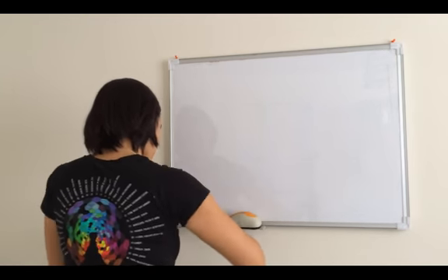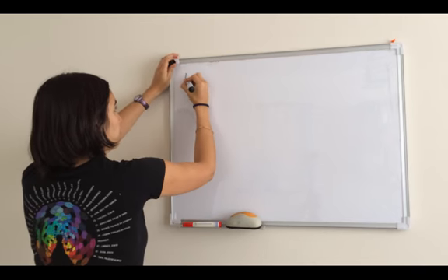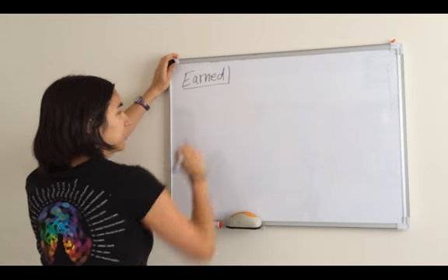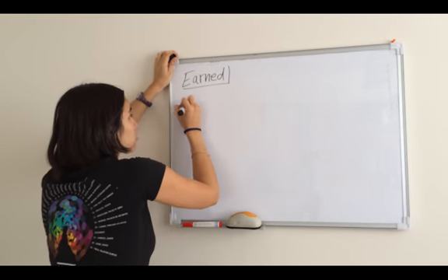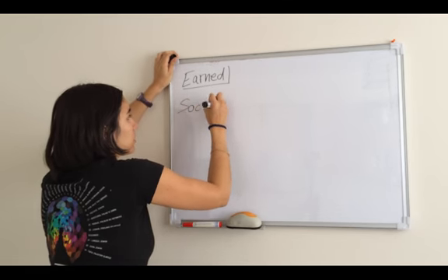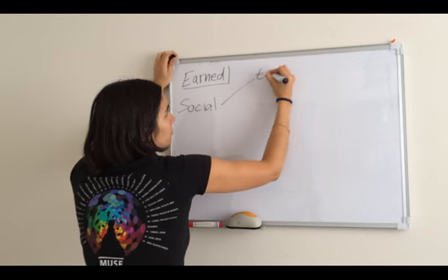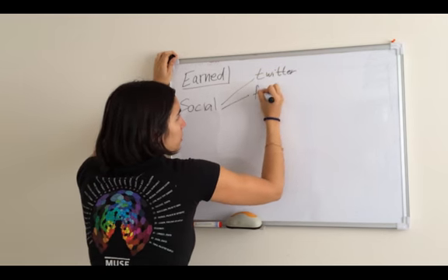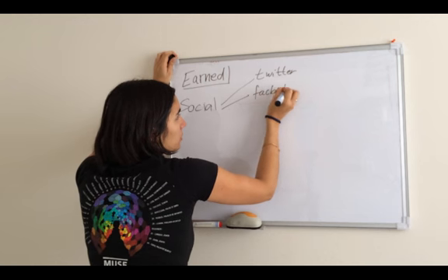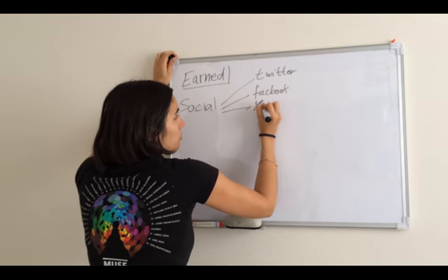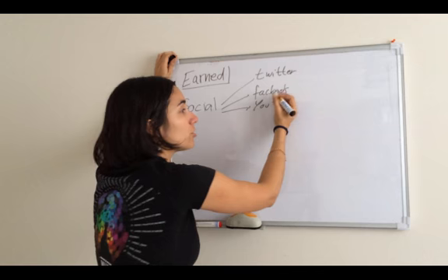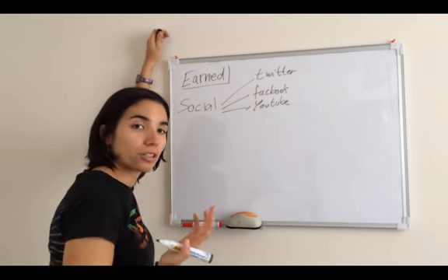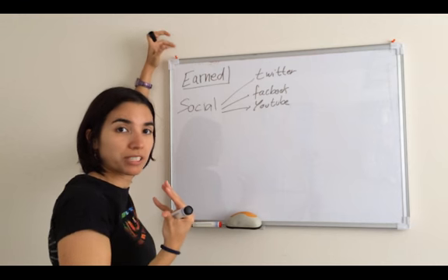So for you to get your earned media, it's really important for you to be on social media. Okay? Twitter, Facebook, YouTube. There are hundreds, maybe thousands of social networks. But you should only focus on the ones that make sense to your business.